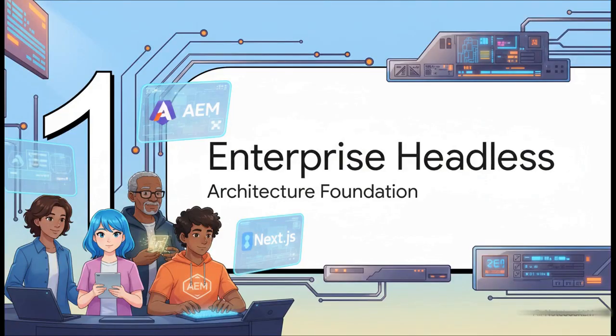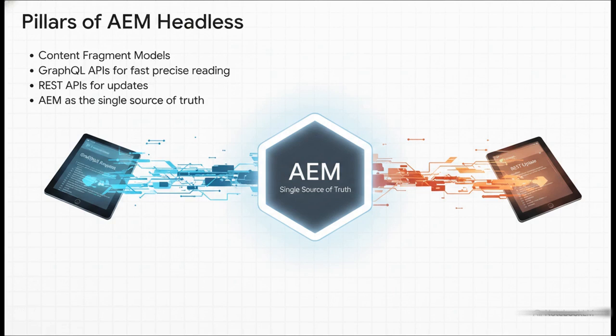All right, part 1. Enterprise headless architecture. Establishing this baseline headless foundation really starts with AEM in modern frameworks like Next.js. An enterprise headless project relies on a few absolutely crucial pillars. First, content is modeled using content fragment models. Simple enough. But the real magic? That's the data movement.